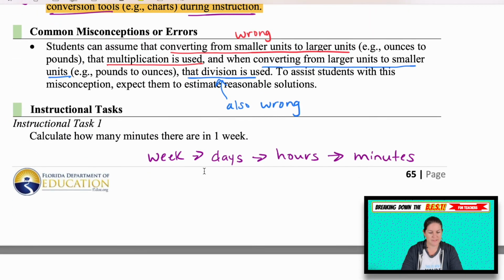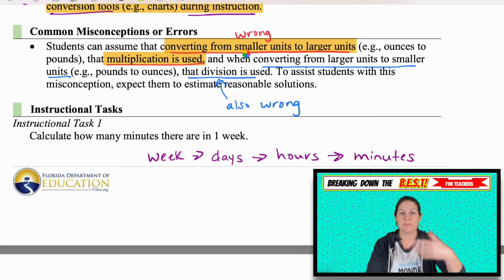In common misconceptions or errors, it says that students can assume that converting from smaller units to larger units, multiplication is being used. And I just made a note here that this is kind of confusing wording. It's wrong, and they're writing it correctly, but going from smaller units to larger units, we are actually dividing there.